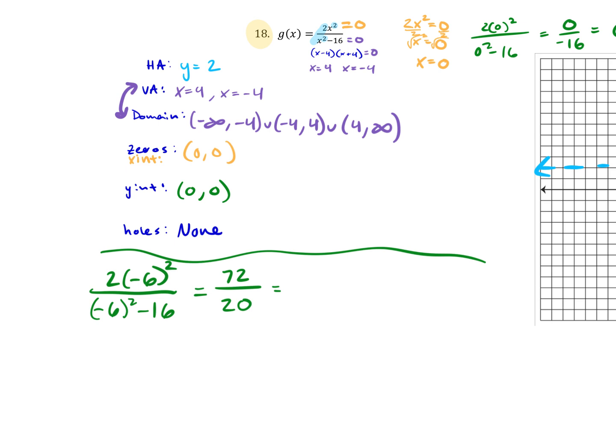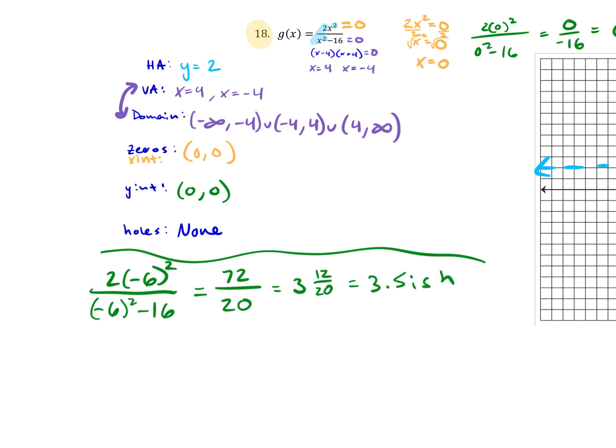Just simplify it as much as you can, or make up the nearest whole number. How many times does 20 go into 72? 3 times, with 12 left over, so it'd be 3 and 12 over 20, which would be about 3.5, right? So I'll call it 3.5-ish.